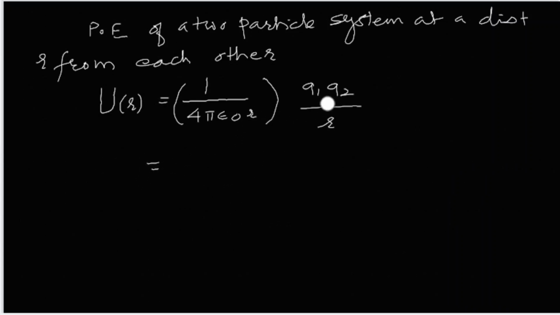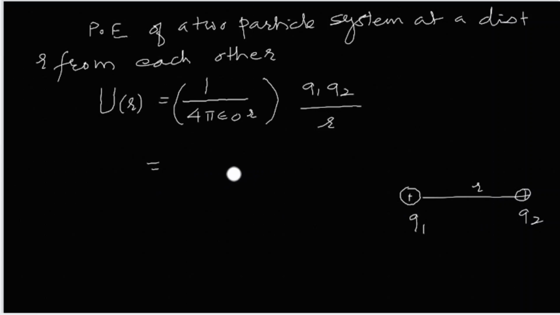Here single charge we are taking. Here these are two charges. Suppose this is the Q1 charge and this is the Q2 charge, with this distance between them. Both are positive charges.